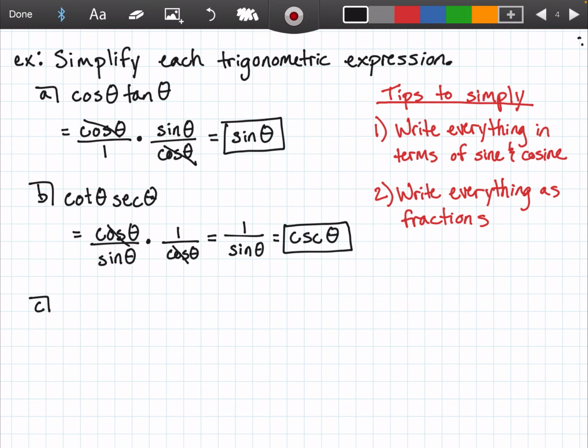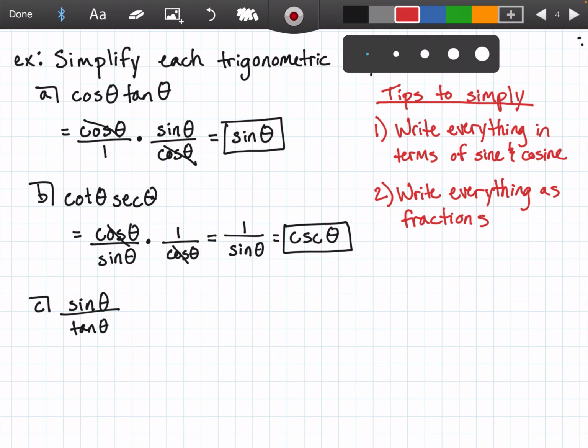All right, let's do sine theta divided by tangent of theta.